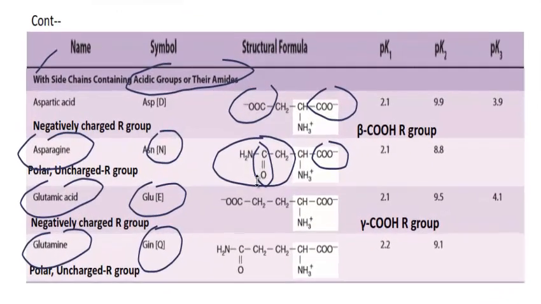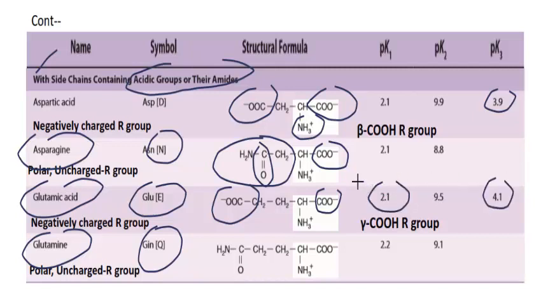Why do they have the pK3? Because you can see there are 2 carboxyl groups and 1 amino group. Wherever there are 2 carboxyl groups, there will be 3 pK: pK1, pK2 as well as pK3.